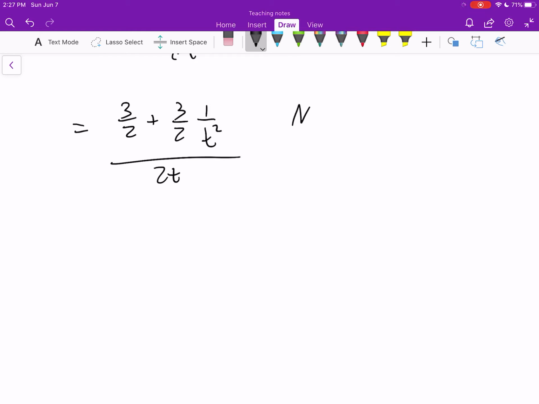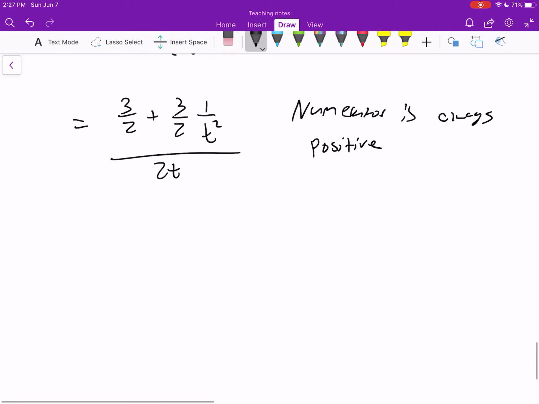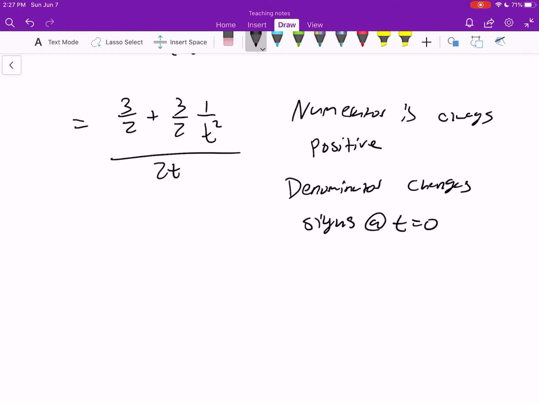So the numerator is always positive. You can check, no matter what you plug in, that's always going to be a positive number. The denominator changes signs at t equal to 0.